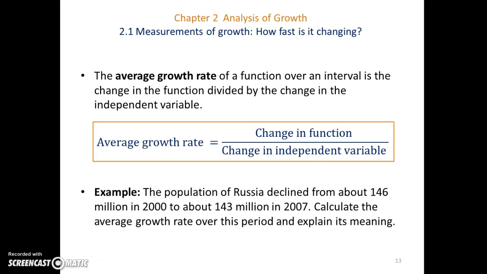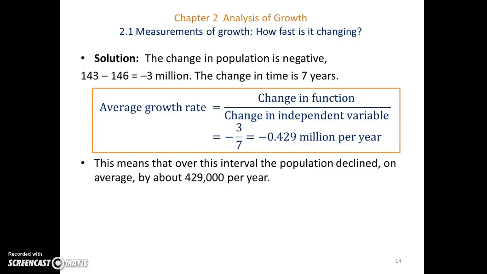An example: the population of Russia declined from about 146 million in 2000 to about 143 million in 2007. Calculate the average growth rate over this period and explain its meaning. Here the change in the population is negative.